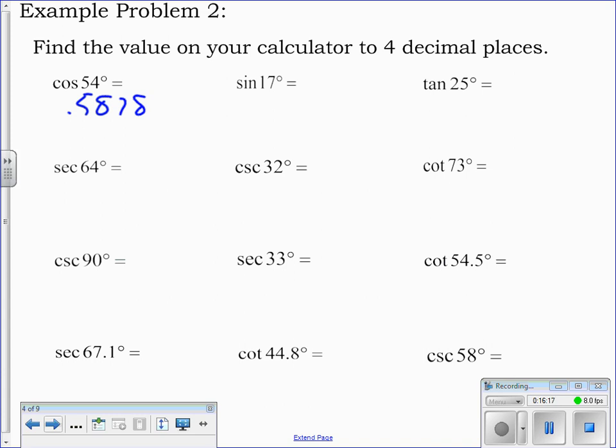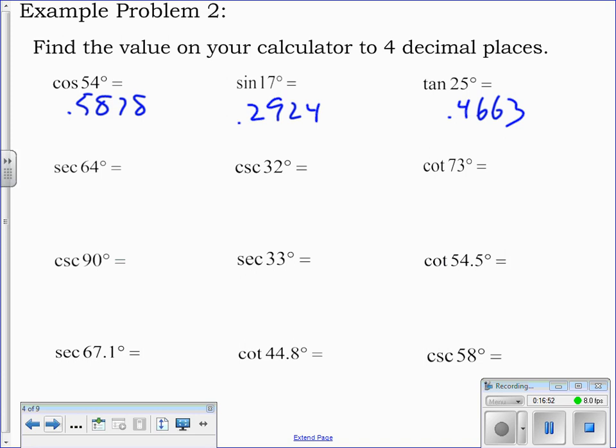Make sure you're getting it. Sine of 17 degrees is .2924. The tangent of 25 degrees is .4663. Make sure you are getting those numbers. If you're not getting those numbers, then you have a problem, and we need to fix that problem.